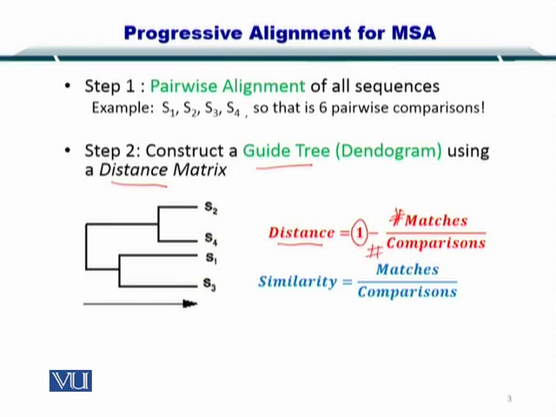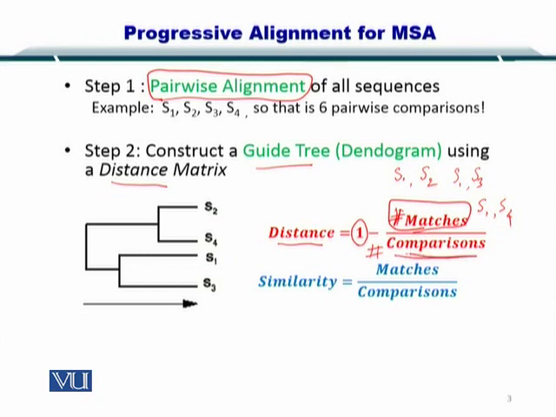So if you remember, you have already performed the pairwise alignment here, so you already know how many matches exist between S1 and let's say S2, as well as S1 and S3, and similarly S1 and S4. So since you know the number of matches as well as the number of comparisons, you can easily compute the distance between each one of these sequences.